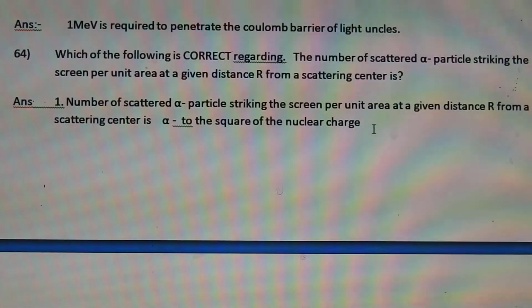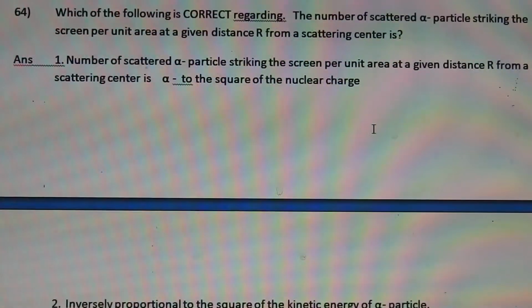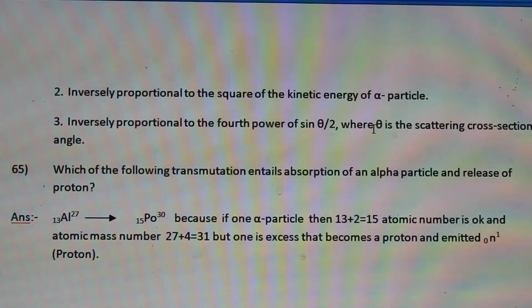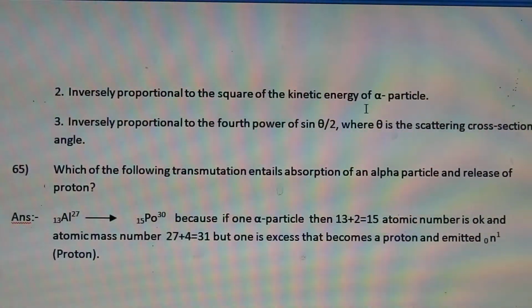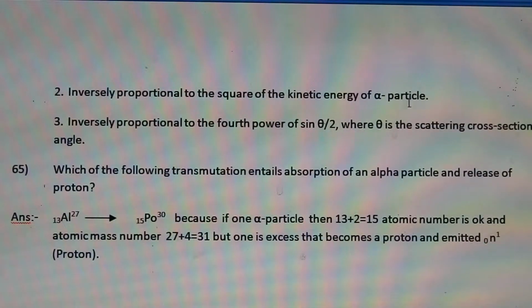So the number of particles N is directly proportional to the square of the charge, Q squared. Next, it is inversely proportional to the square of the kinetic energy of the alpha particle.